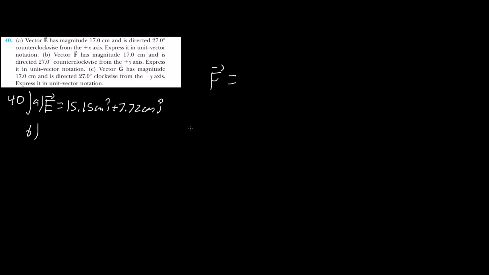They're both counterclockwise. So that's another way of saying 90 plus 27 degrees. So I'm just going to write the end result. I'm not even going to bother to draw this for you guys. I'm way too tired right now.